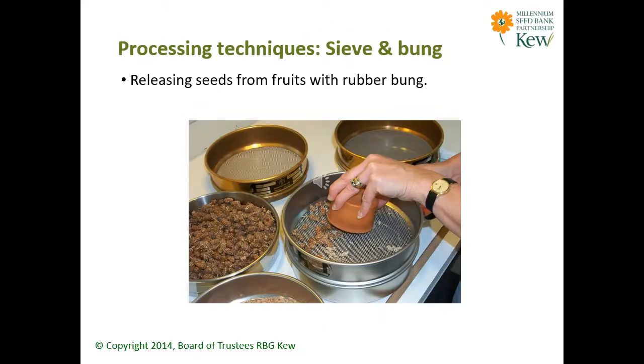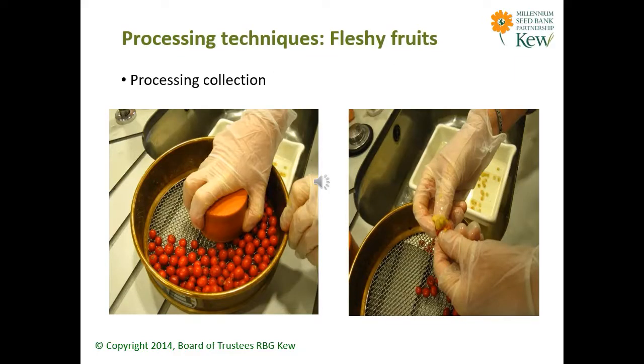You can also adapt the sieving technique to use a rubber bung for seeds that are a bit more robust. The sieve and bung technique can also be adapted to process fleshy fruits. It's important that fleshy material should be dealt with immediately to avoid losing seed viability. It's also important to use warm, not hot water, as hot water may damage the viability of the seeds.